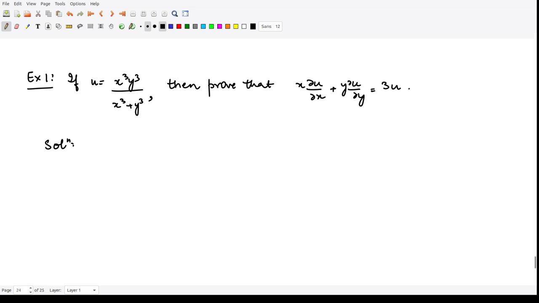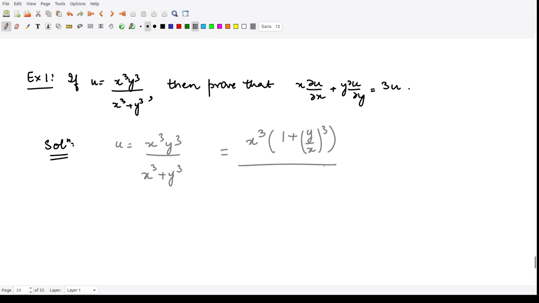Now by looking at this question, you could very easily identify that this function is a homogeneous function. So let's see how. We have x cube y cube divided by x cube plus y cube. Is this a homogeneous function? Yes. Why? Because when you take x cube out from the numerator, you will have 1 plus y by x raised to power 3 divided by, and when you take x cube, here x cube is already present.